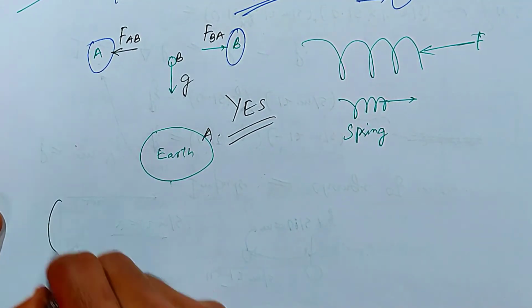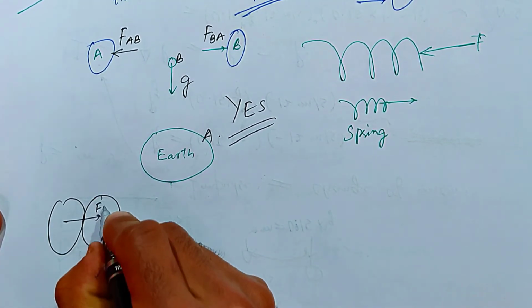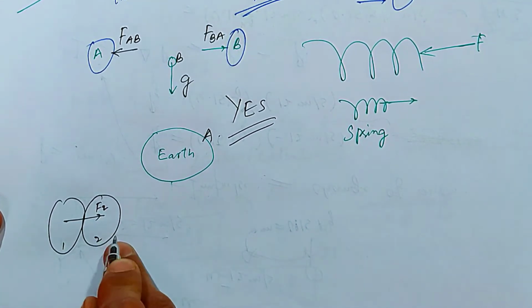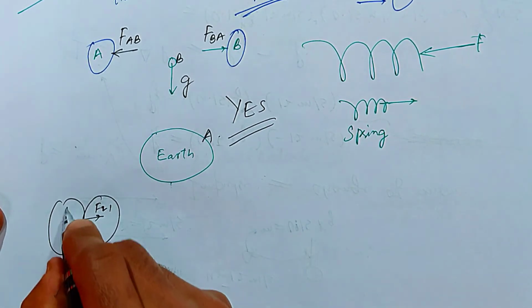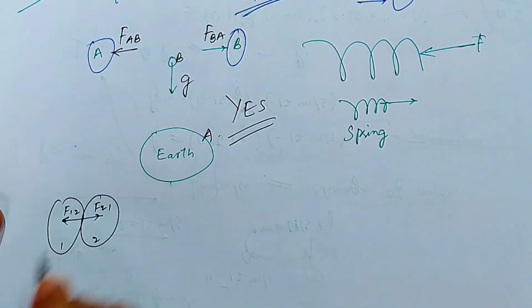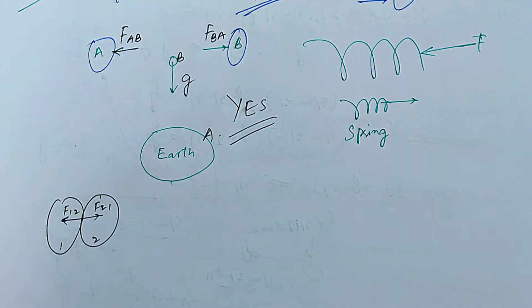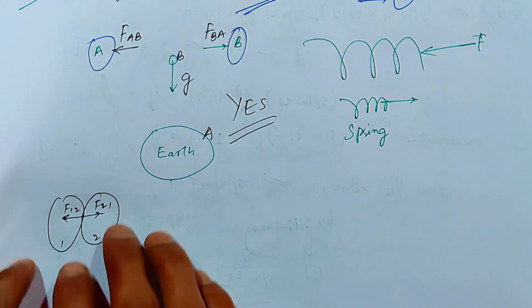So we have two bodies, body 1 and 2: force on body 2 due to 1, and in a similar fashion, force will be applied on body 1 due to body 2. This is famously called Newton's third law.